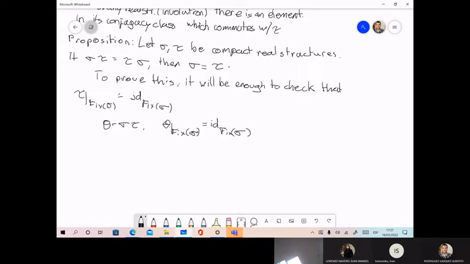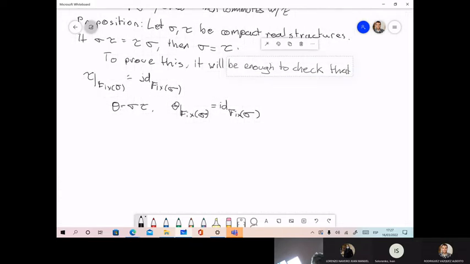Thus, sigma is tau minus 1, which is tau. Okay, but we know that this theta leaves fixed sigma invariant. And thus it makes sense, right, to check this.